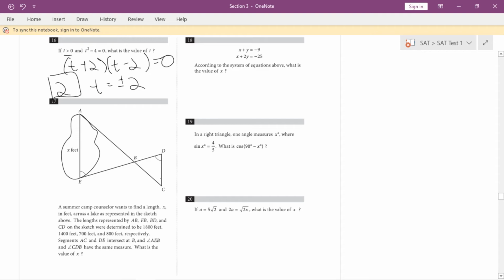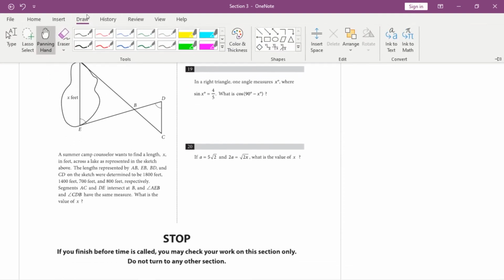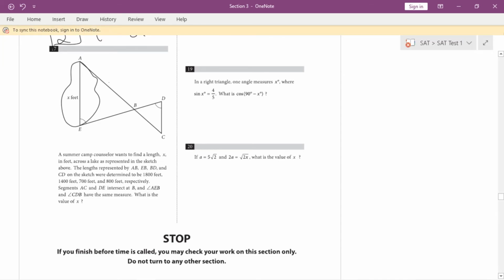Let's take a look at number 17. 17 says a summer camp counselor wants to find length x in feet across a lake as represented in the sketch above. The lengths represented by AB, EB, BD, and CD on the sketch were determined to be 1,800 feet, 1,400 feet, 700 feet, and 800 feet. So let's write that down. AB is 1,800.